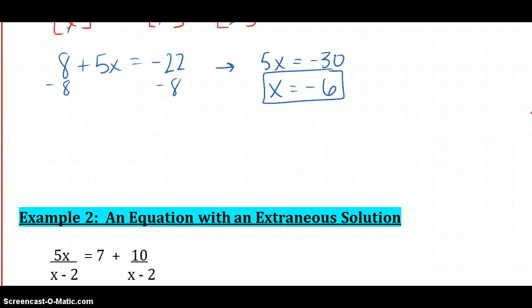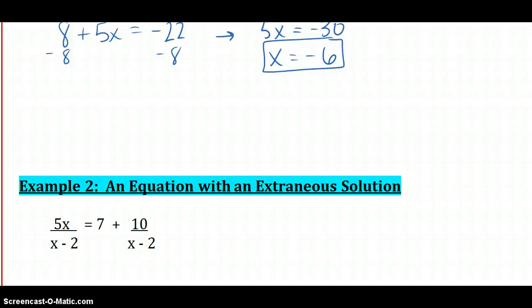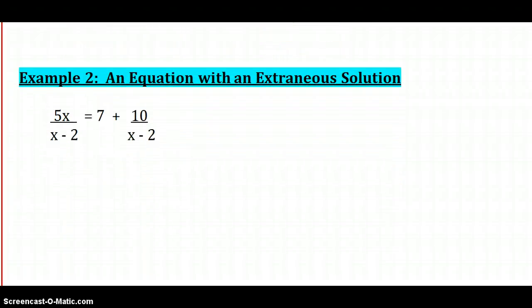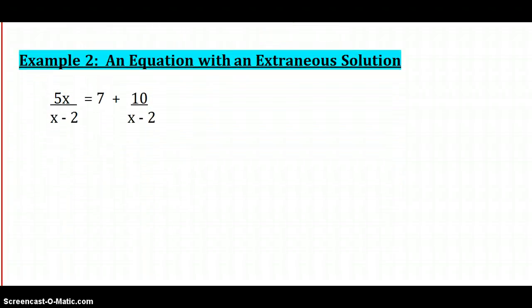Now we're going to look at a problem that when you get done solving it, you have more than one solution, so you have to check for extraneous solutions. But the process is the same. You're going to multiply every single term by the least common denominator. And this one's pretty easy. If you look at the denominators, we have x minus 2. This 7 is really over 1. And then an x minus 2.